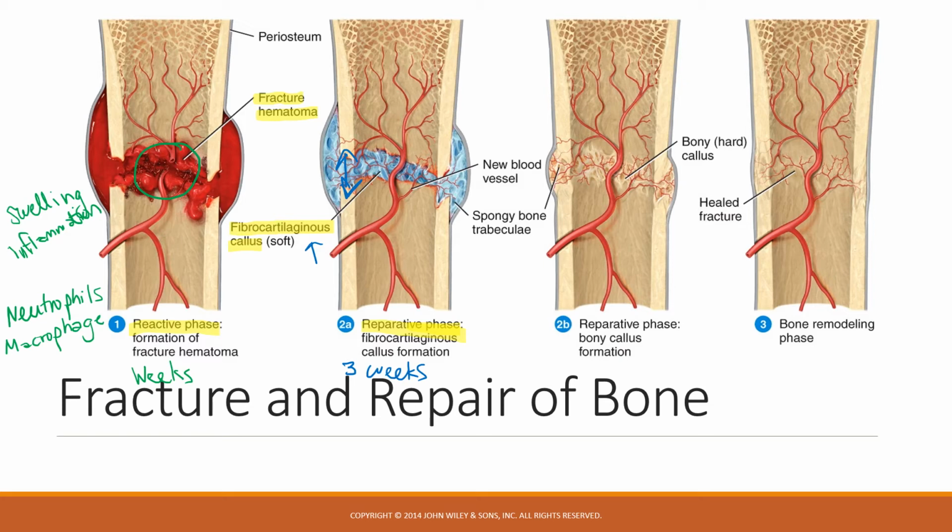In areas closer to well-vascularized, really healthy bone tissue, osteoprogenitor cells develop into osteoblasts, and they will begin to produce spongy bone trabeculae. You can see this here, spongy bone trabeculae. The trabeculae join living and dead portions of the original bone fragment, and then in time, this fibrocartilage is converted into spongy bone.